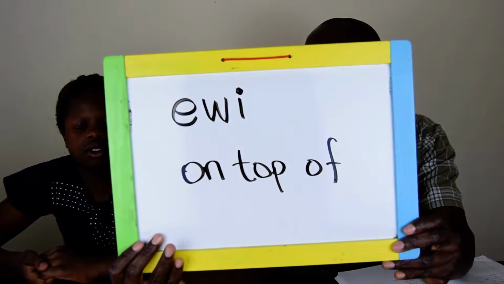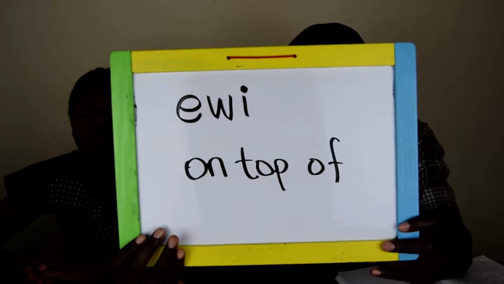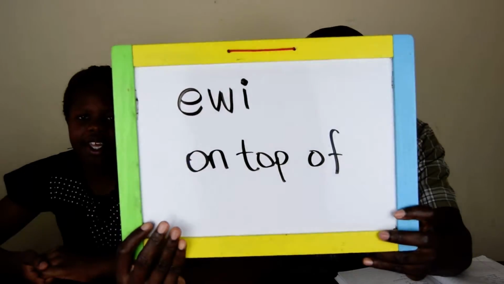Example: the cat is on top of the roof. Nyambura ni ewi tado. Nyambura ni ewi tado.